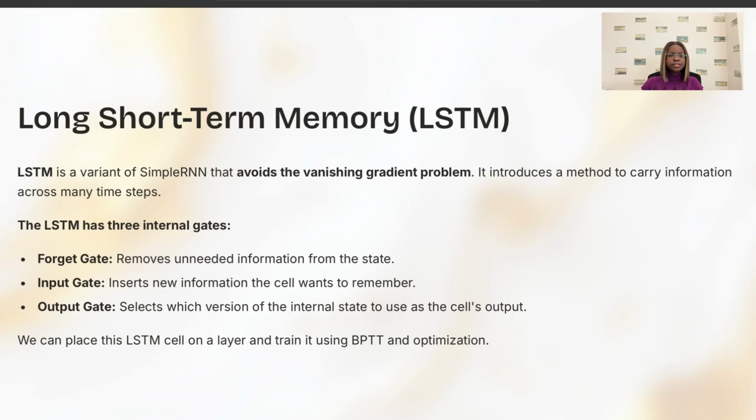And the output gates select which version of the internal state to use as the cell's output. Similarly to simple RNN, you can place this LSTM cell on a layer and train it using backpropagation through time, BPTT, and optimization.